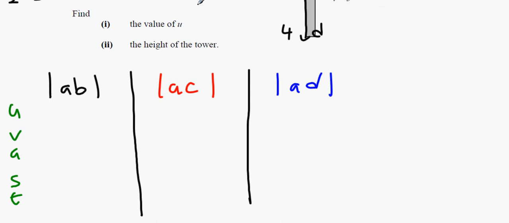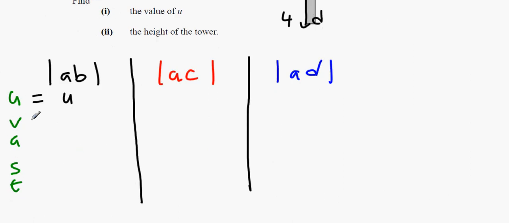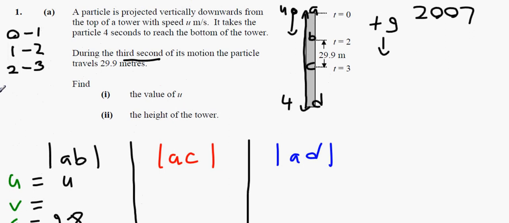Okay, so we know that this is U because all of them are the same. V we don't know. We know A is 9.8. We don't know the distance, but we know it takes 2 seconds to go from A to B, T0 to T2.